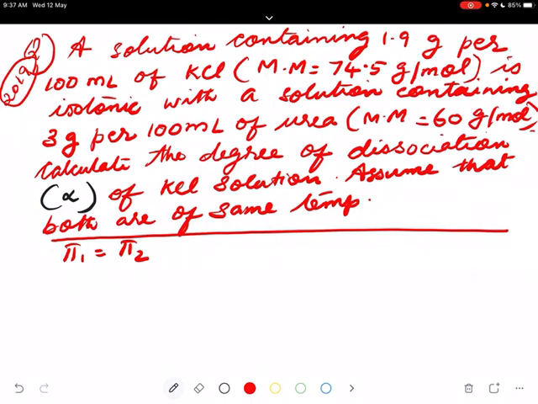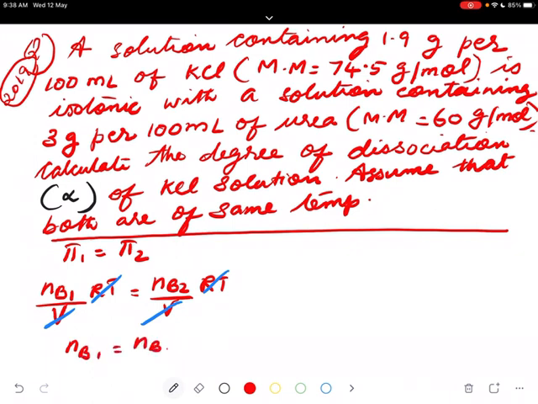Pi 1, that is n_B1 upon V RT, is equal to n_B2 upon V RT. Now RT cancelled, V cancelled, so n_B1 is equal to n_B2. Here I haven't considered dissociation, I am doing it like the normal undissociated one.